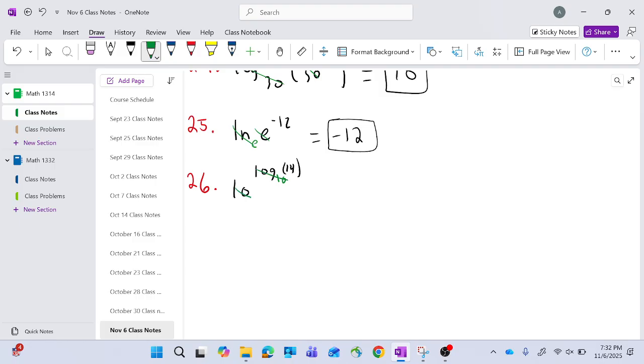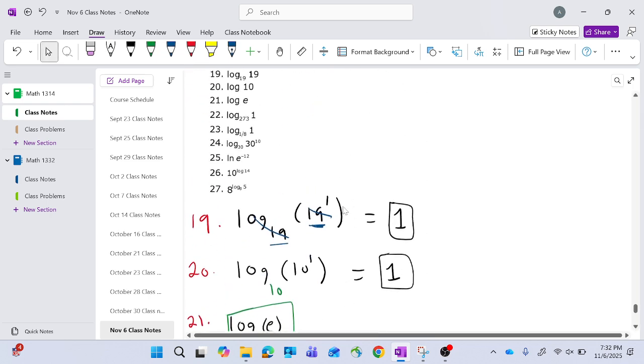It doesn't matter how it is as long as they're applying to each other. They cancel out, and you have 14. Make sense? You sure? Okay, that laugh was scaring me. All right. As long as it makes sense.